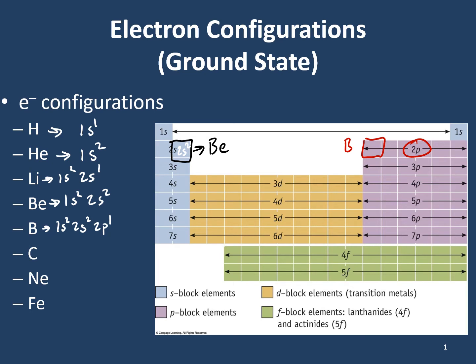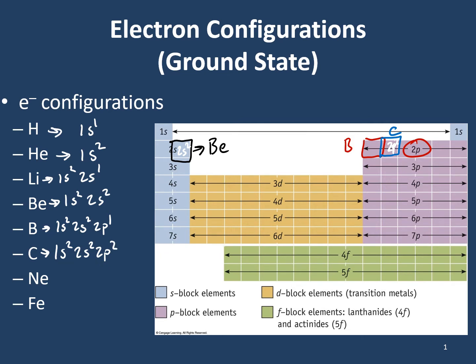Right next to boron is carbon. And so carbon would be the same as boron's electron configuration, except an additional 2p, right? So this is 2p2, so it'd be 1s2, 2s2, 2p2.